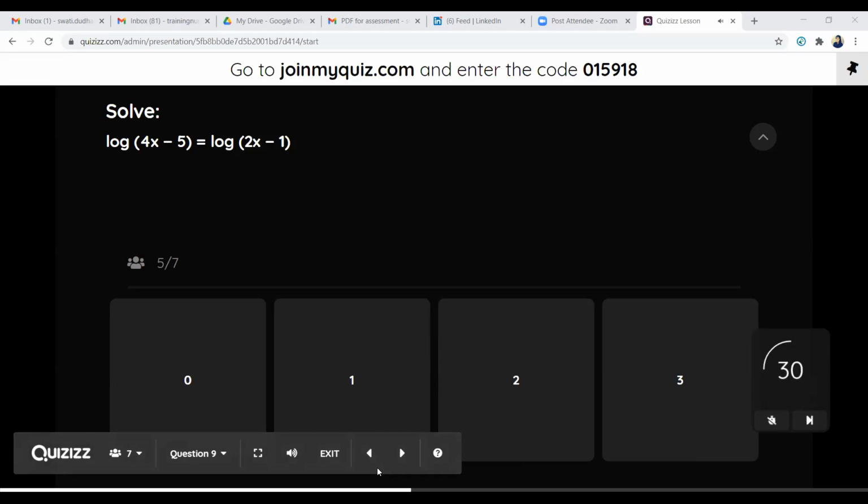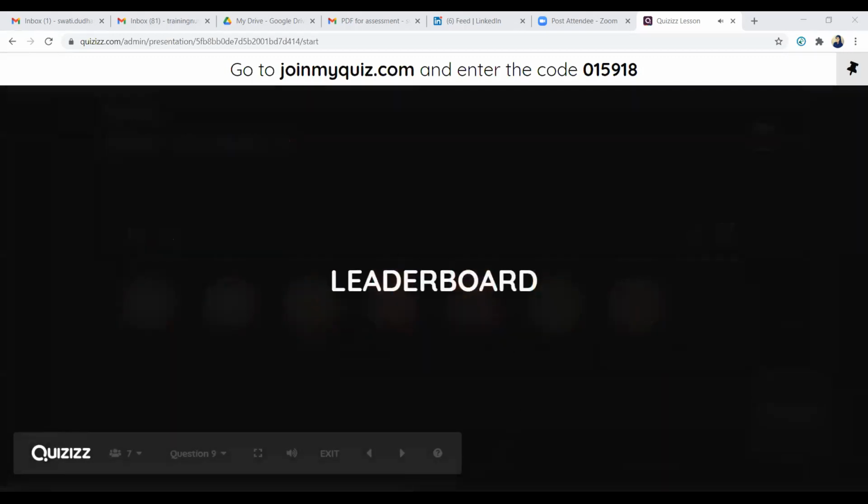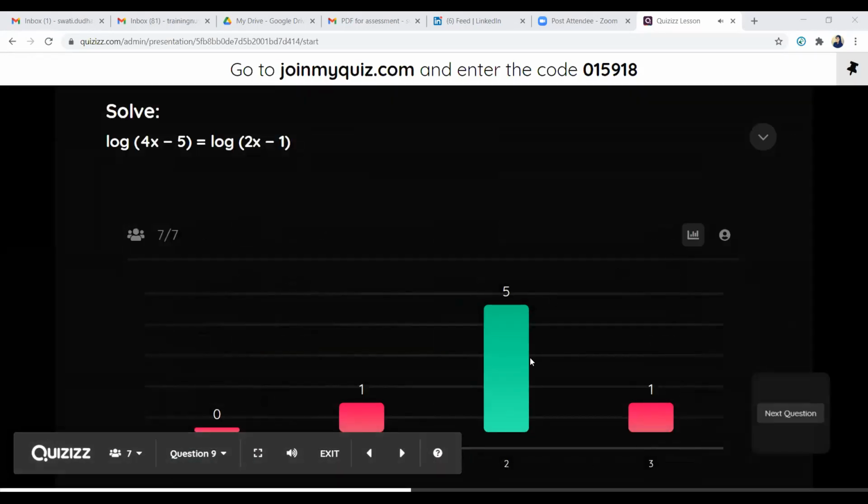Seconds left. All right, all done. So Vishud is on top and Ishita is on number 2, and the correct answer is option C, 2.